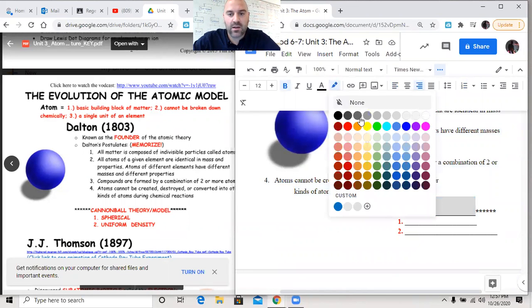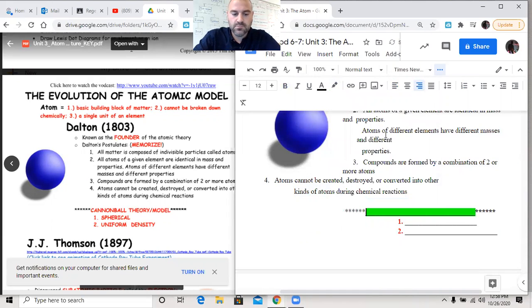His theory of the atom is called the cannonball theory. Cannonball is one word. Cannonball theory or model of the atom. That blue sphere above is representing what his atom looked like back in 1803.